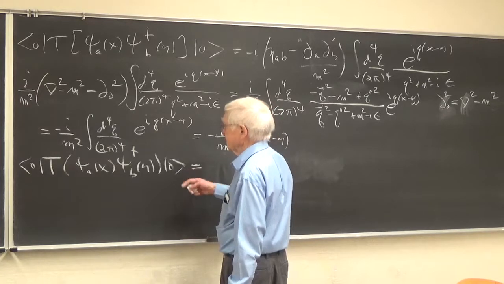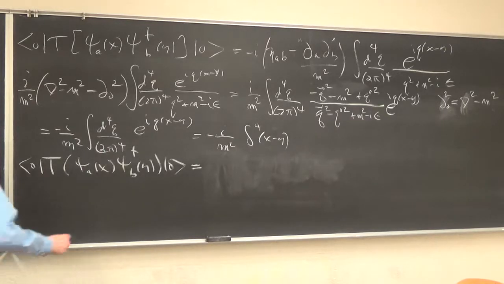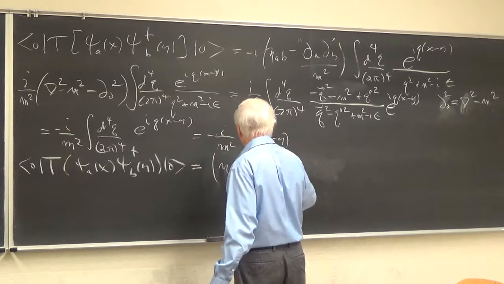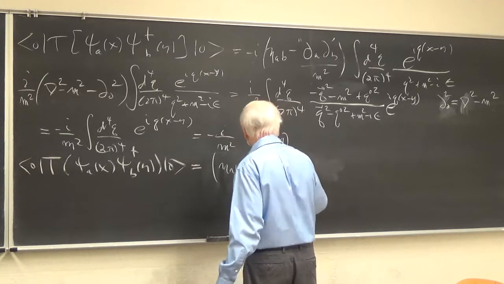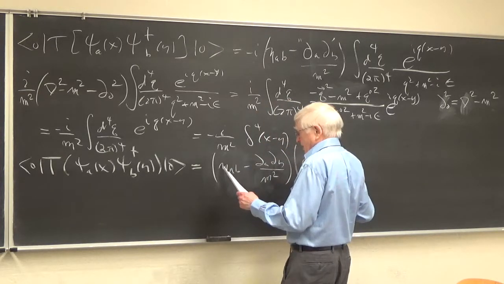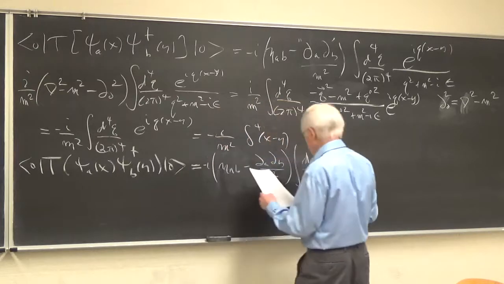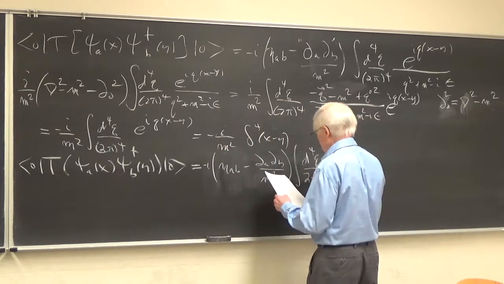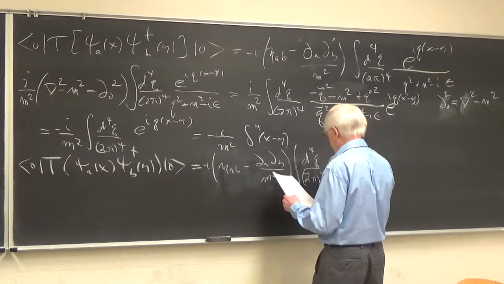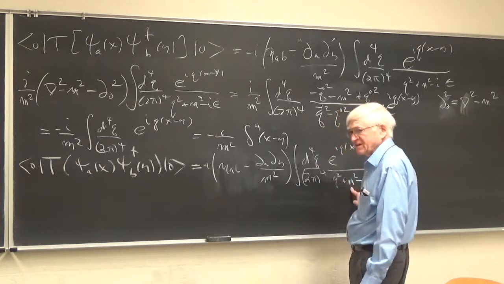This thing is eta AB minus dA dB over m squared times the integral d4q over 2 pi to the 4th, e to the i q (x minus y) over q squared plus m squared minus i epsilon. Let me just make sure it's a minus sign. This m, by the way, is the mass of the vector boson.